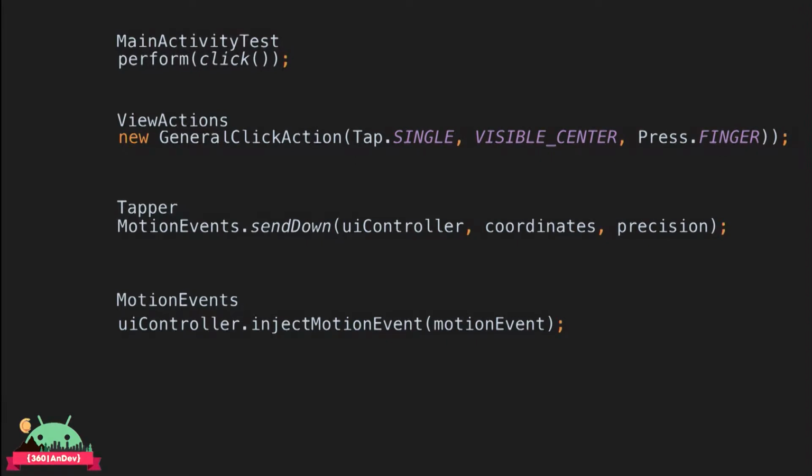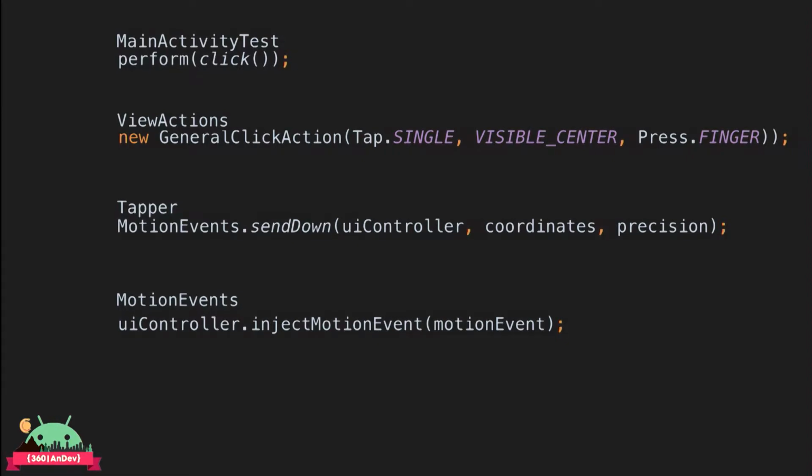We have to send down the finger in that case, imagine that, and then up, right? Because if you are spending more than 1 second, 2 seconds, it's a long click, right? So this class is trying to simulate the action of a single click. And finally, we are going to use, again, UI controller, this class, to do the inject motion event. Okay, again, we have seen UI controller.